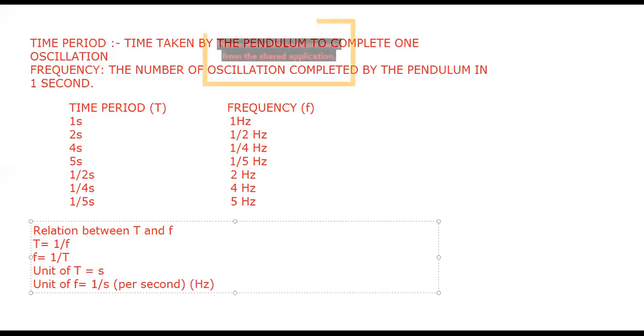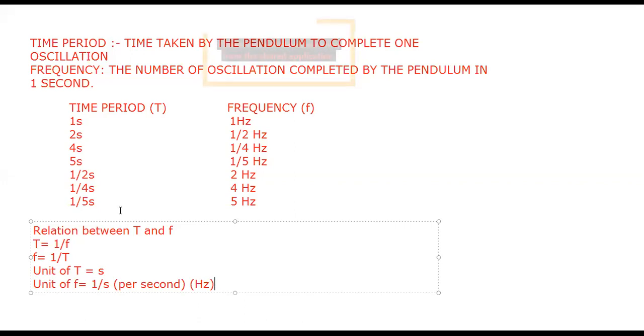Okay. So this is the relation between time period and frequency. Remember this relation. Understand, beta? This relation is applicable everywhere.